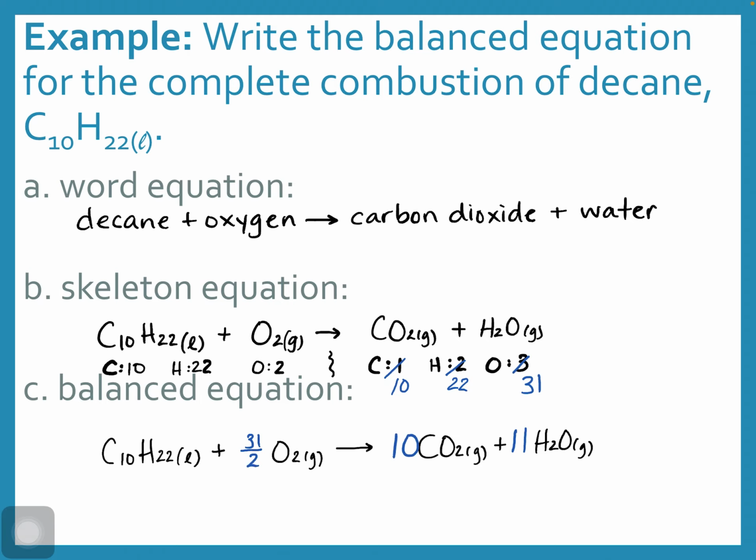So this is the one place that it's acceptable to use a fraction as you are balancing your equation, for the number of oxygens in a combustion reaction. So if you didn't like that, then you would have 2 of this, 31 oxygens, 20 carbon dioxides, and 22 waters if you didn't like to see fractions there.